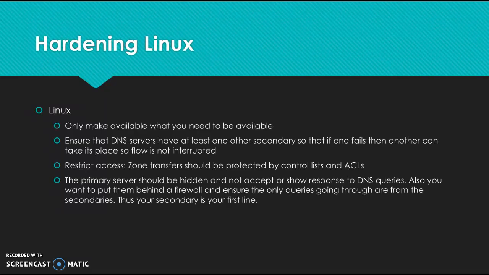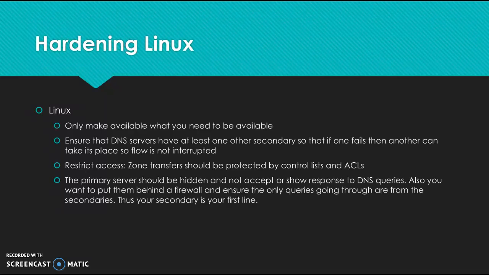That's your secondary's first line. So, in other words, it's kind of hidden in the back. No one ever gets to see it. If you have information that goes through your secondary, the secondary refers only to the primary for all the master databases, where all the rules and everything are set.